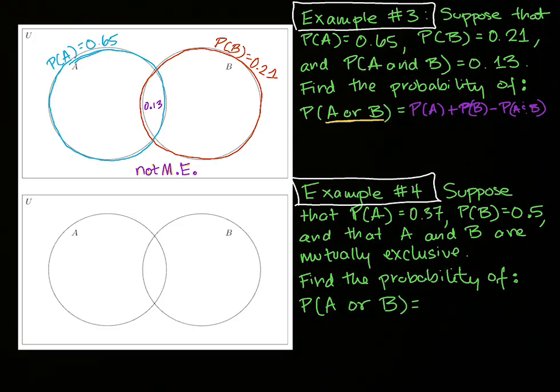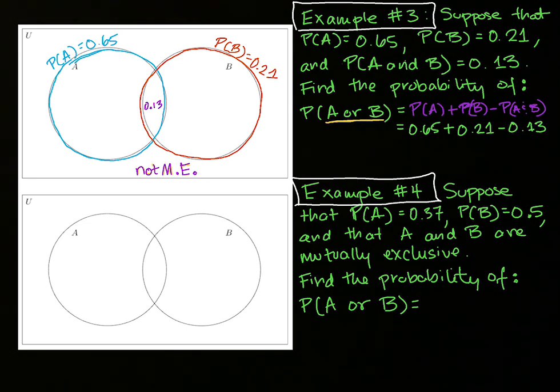All right, so for this one, we're going to have the probability of A is 0.65 plus the probability of B is 0.21 minus the probability of both of them is 0.13.